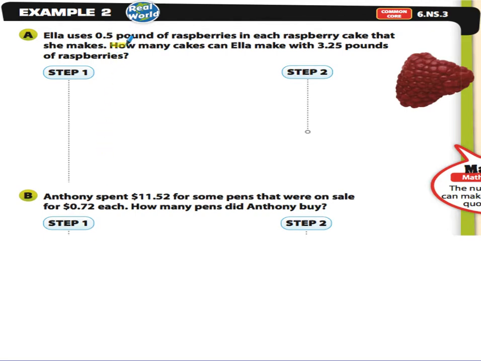So we want to know how many cakes. How many cakes can she make? She uses 5/10 pounds in each raspberry cake. She has 3 and 25/100 pounds.